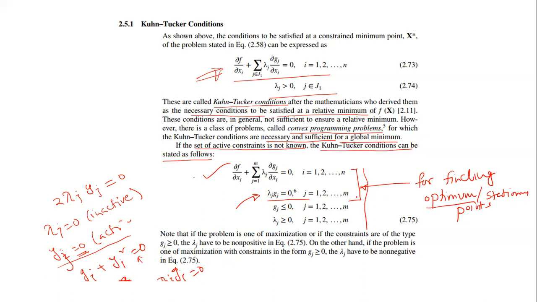And the other two conditions that we have, which are your constraint as well as the lambda values, as you can see here, are in an inverse relation.